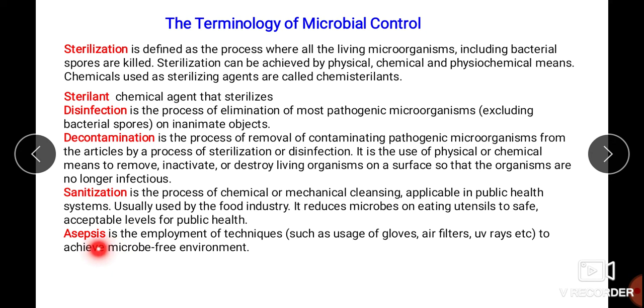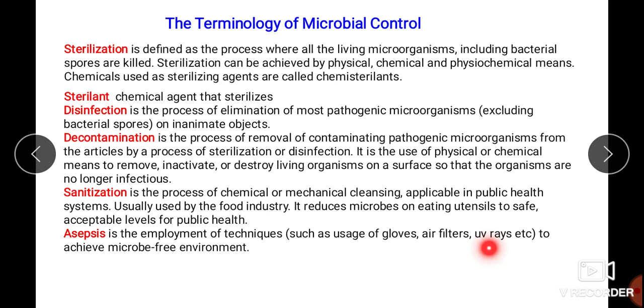Asepsis: it is the employment of a technique to achieve a microbe-free environment, such as use of gloves, use of air filters, use of UV rays.